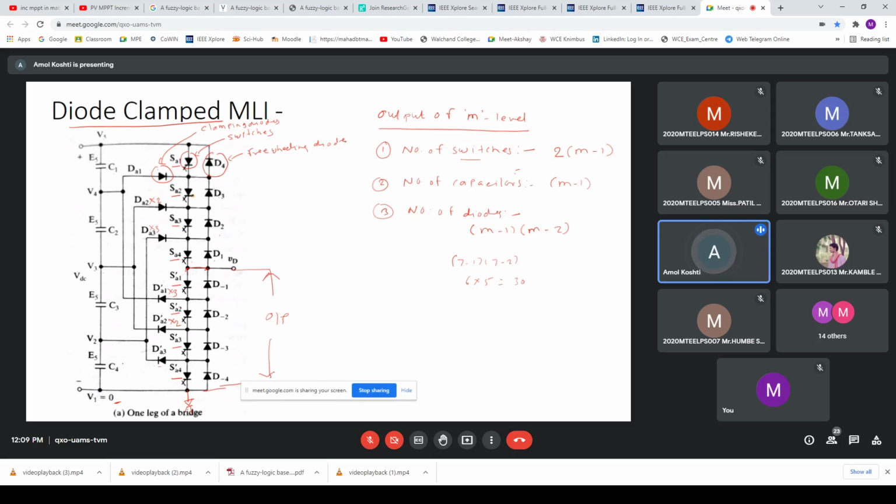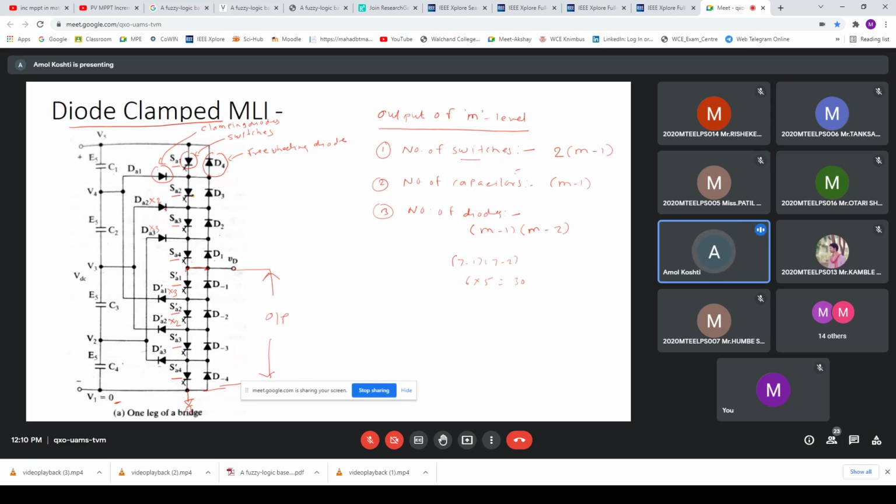Now to produce the output, we have to switch the SCRs, the switches in our circuitry. So how to switch this? We have to use a controller. If we think of this circuit from the hardware point of view, we have to use some controller.